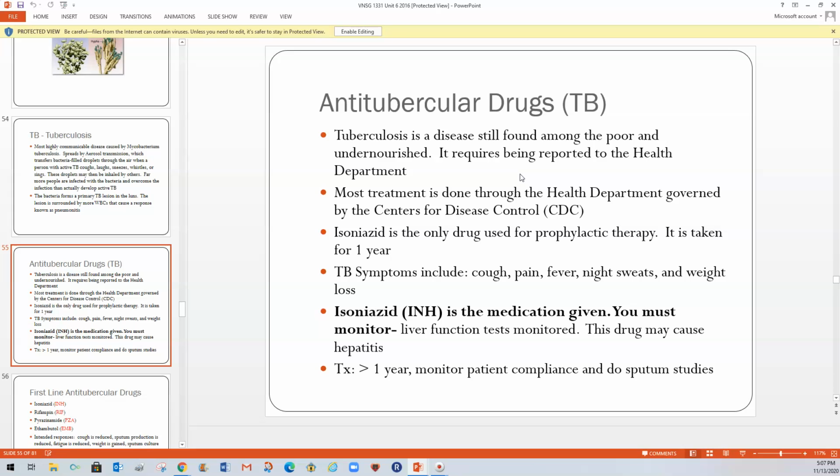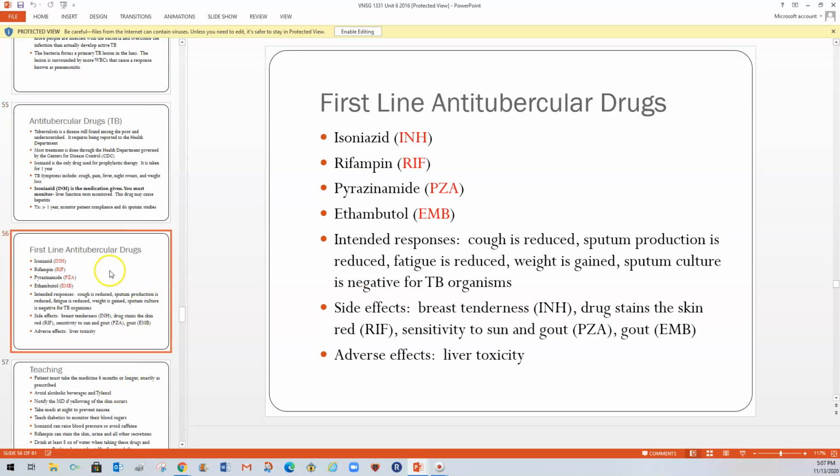Cough, pain, fever, night sweats, and weight loss are the symptoms. You must monitor liver functions if you're taking INH. This drug can cause hepatitis, so you're trying to get rid of TB and you might get hepatitis. It's a drug you've got to stay up with your patient on.